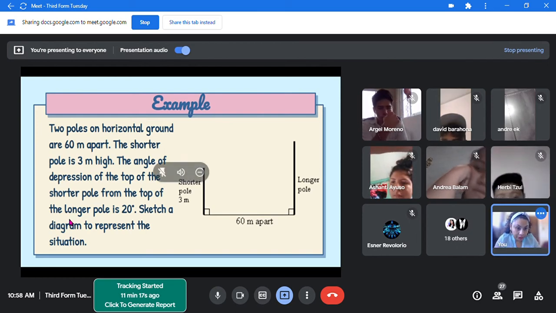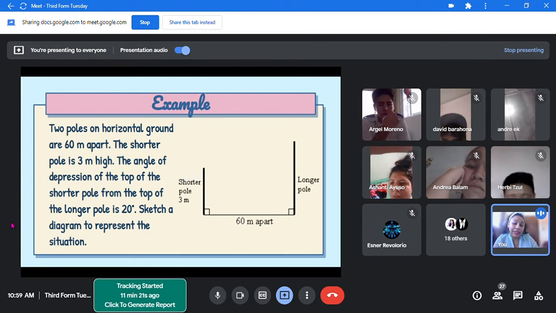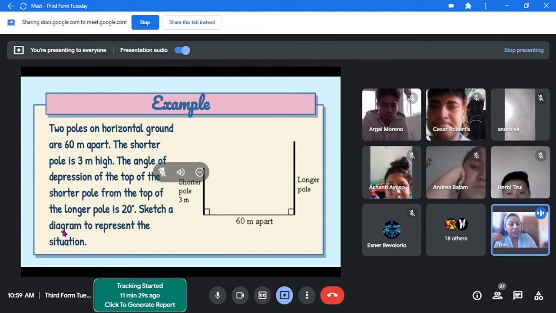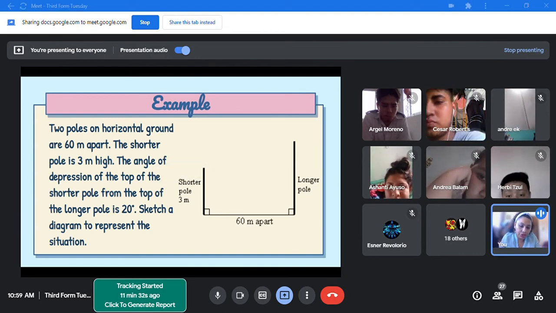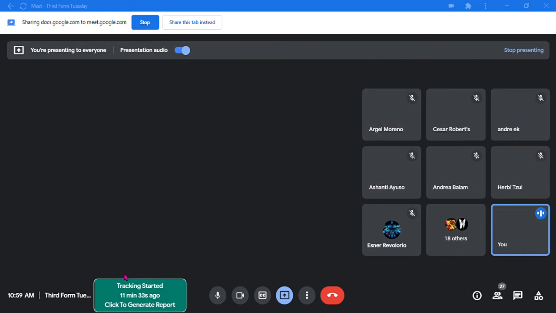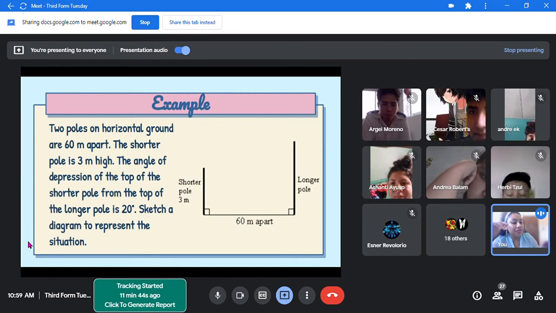Now, the important sentence: the angle of depression of the top of the shorter pole from the top of the longer pole is 20 degrees. I need to make an angle of depression in this diagram. So now I am connecting the longer pole and the shorter pole. Why am I doing that? Because it says an angle of depression.